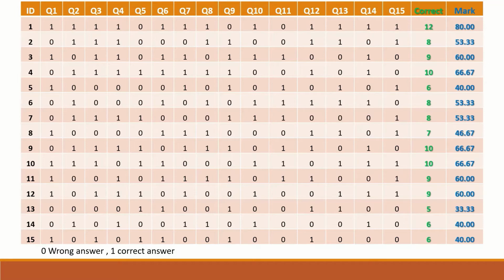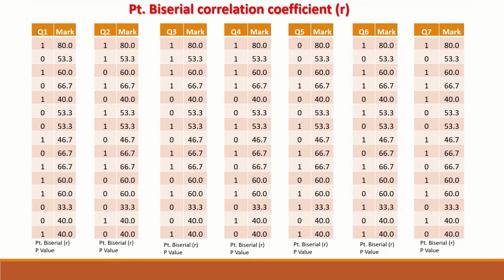labeled as mark. So in the point-biserial correlation, once the total mark is calculated, the test is performed and the test will correlate each specific question, the scores in each question, with the total mark, as shown here in this slide.